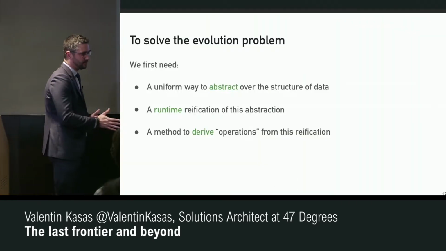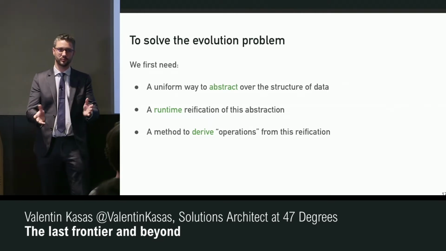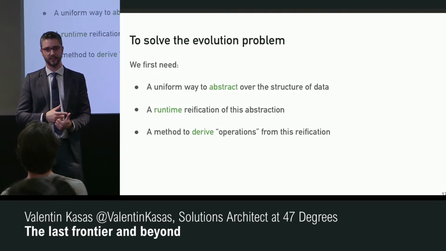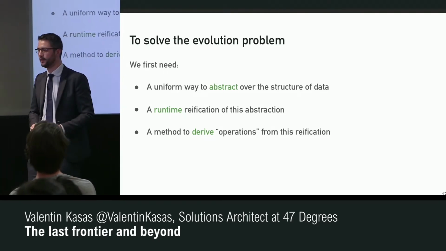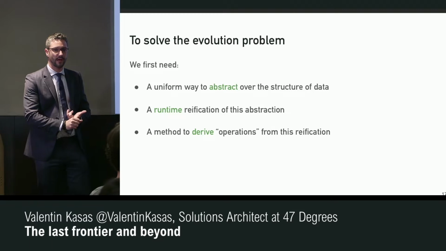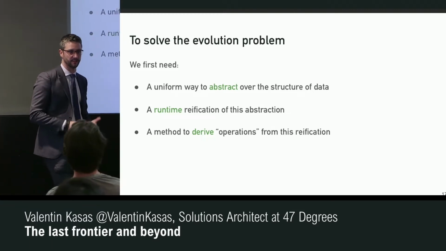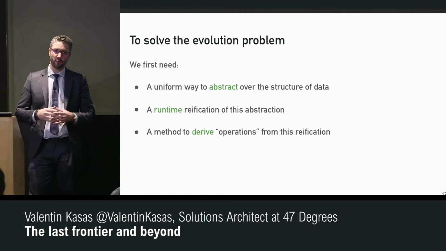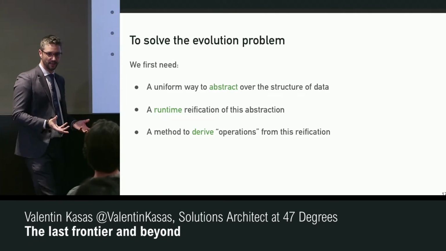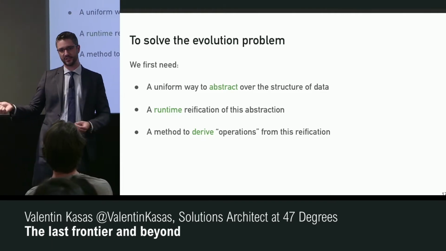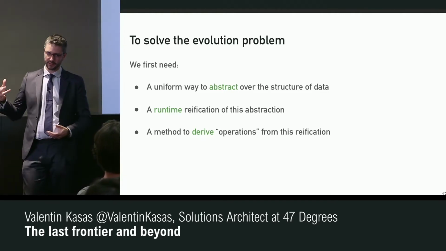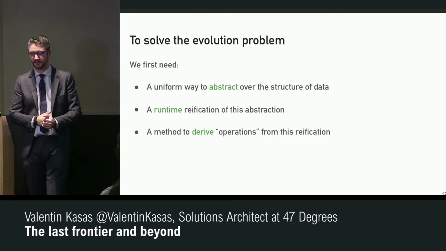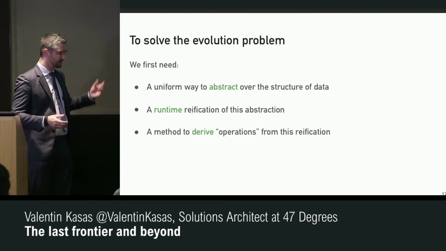So to solve this problem, of course, we don't want to carry along the old versions of our ADTs in the code base. That's a no-go. And we also don't want to write every serializer and deserializer by hand. That's a no-go too. So to solve this problem, we need a way to abstract over the structure of the data and use this abstraction to, at runtime, derive serializers and deserializers, and that's it.